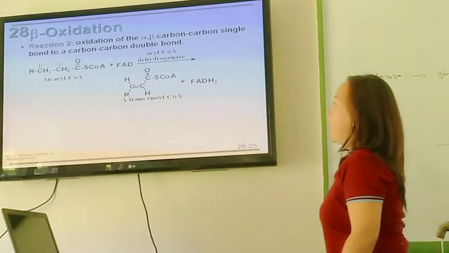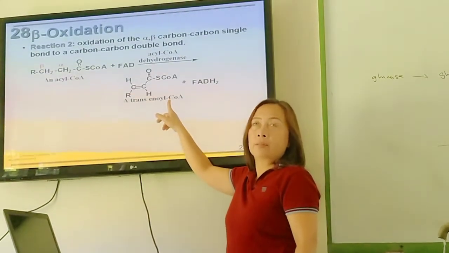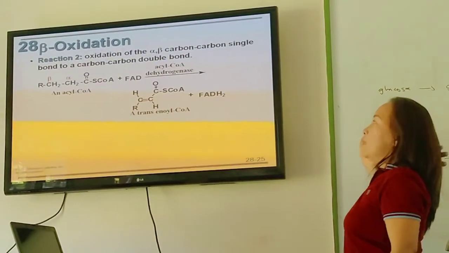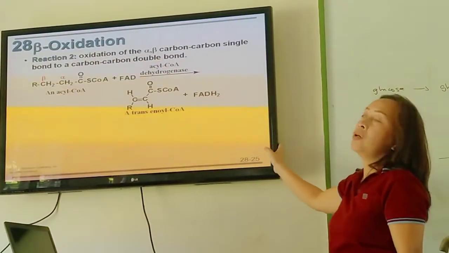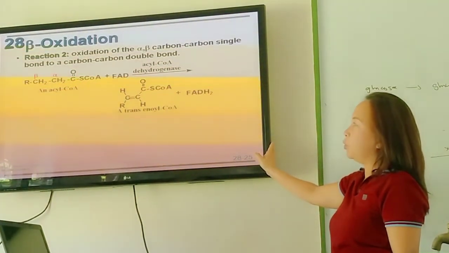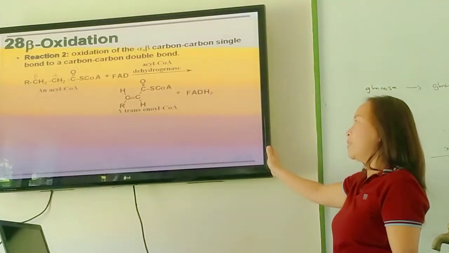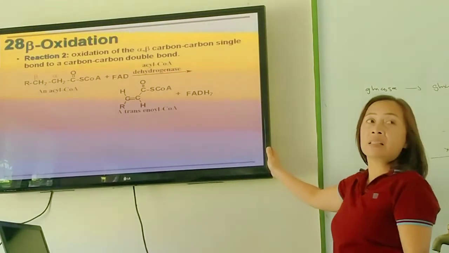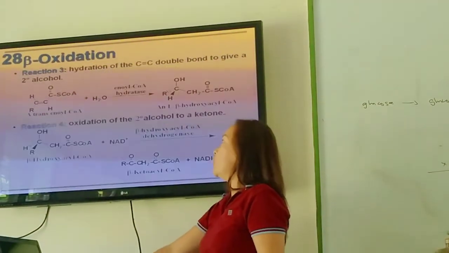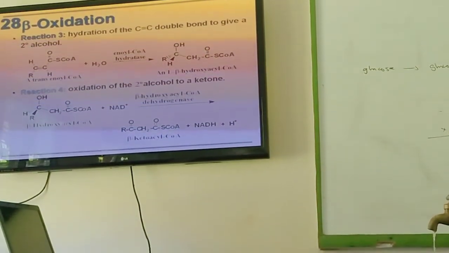So the acyl-CoA is converted into trans-enoyl-CoA, with the participation of the enzyme acyl-CoA dehydrogenase. So this is step 2. Acyl-CoA, which is an active form, is transformed into trans-enoyl-CoA by acyl-CoA dehydrogenase.